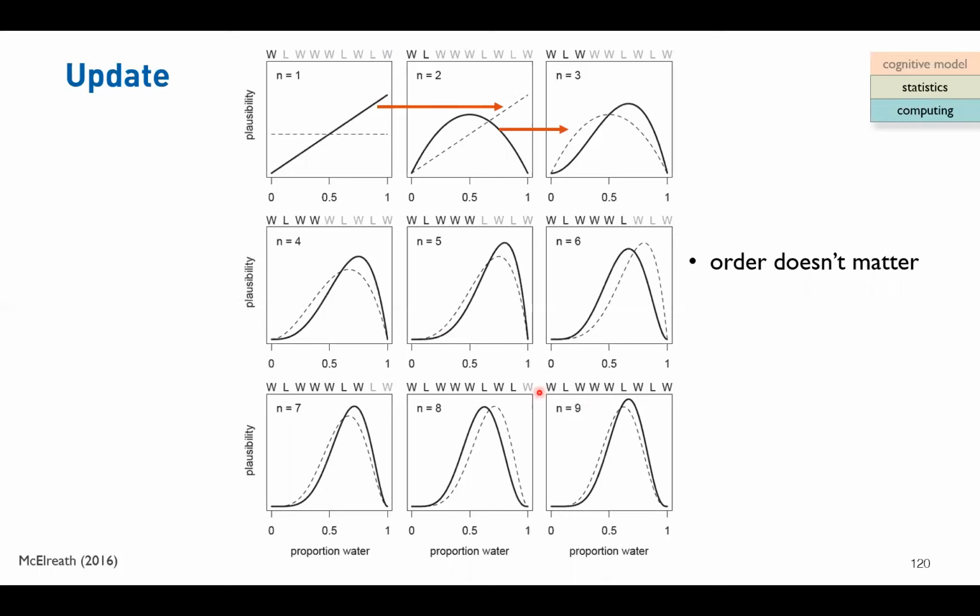This means if you shuffle the order of this sequence, the intermediate steps will definitely change, but the overall result, this solid curve in black, will always be the same. So the order doesn't matter. It can be water 6 times consecutively and 3 times of land at the very end. It doesn't matter. This sequence will also produce the same posterior curve.